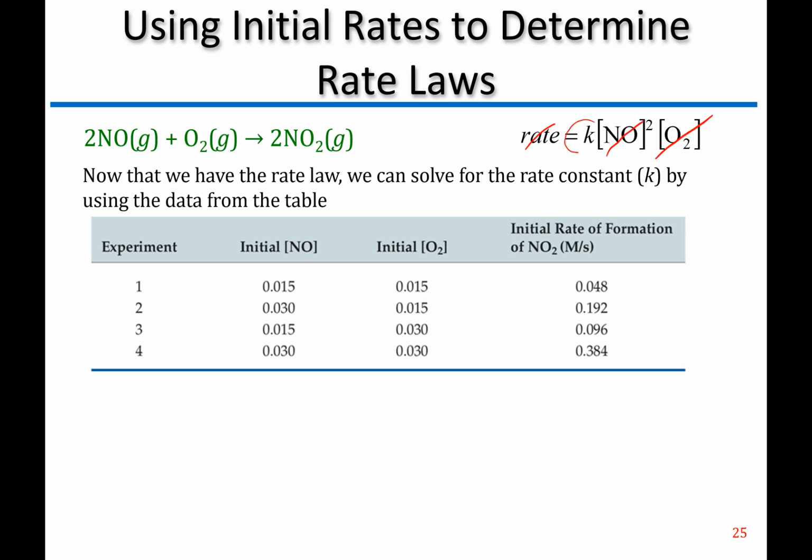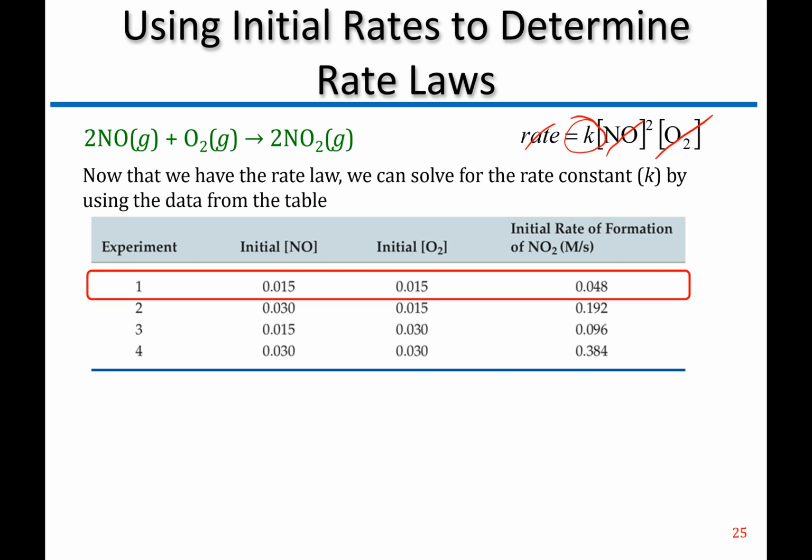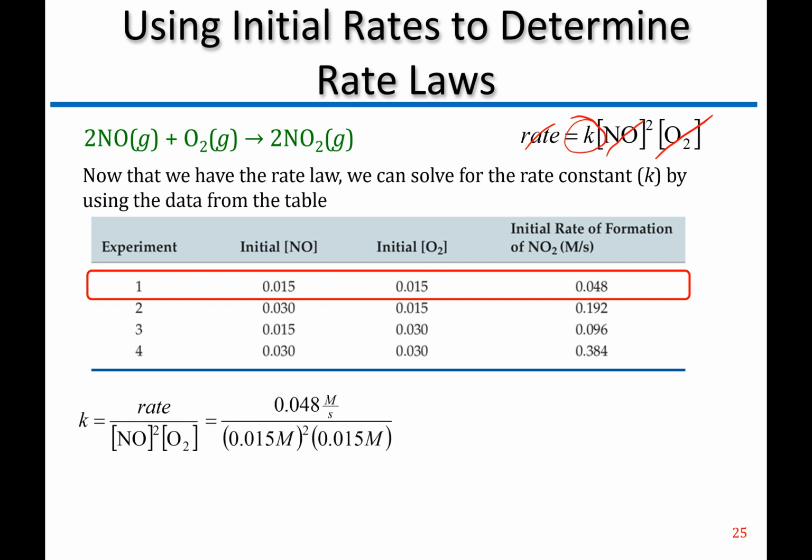So the only thing I don't know in this equation now is K. So I can select one experiment, rearrange my rate law to solve for K. Then all I have to do is take the values from the table. Okay, make sure they're in the same units, of course. Okay, and then divide the rate by the concentrations of the reactants with their respective orders. Okay, and then solve for K.